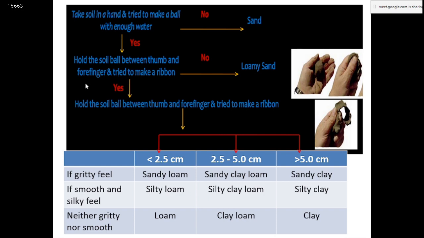If it feels gritty, then this is the probability. If it feels smooth and silky, then this probability is there. If neither gritty nor smooth, then it may be loam, clay loam, or clay.